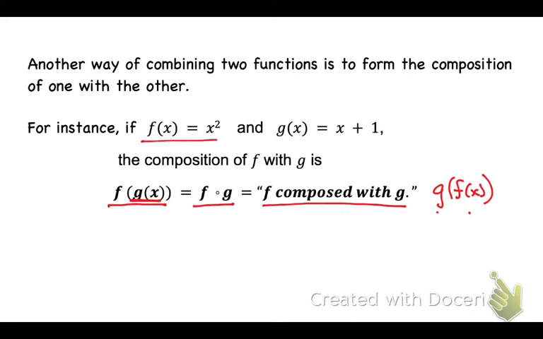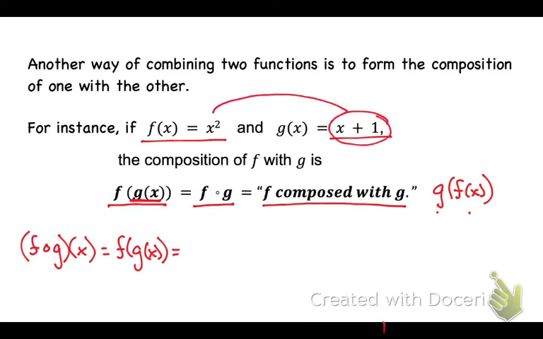So if f of x is x squared and g of x is x plus 1, f of g of x, I hate writing it that way because it looks like I'm writing fog. I prefer this method. Either way is right. I have to put this whole g every time I see x.